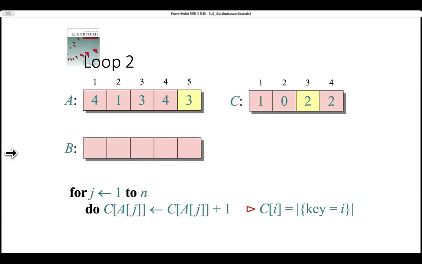So even though here we only see these 5 numbers, each number may be associated with a large record. But in this auxiliary array, we only deal with these numbers.